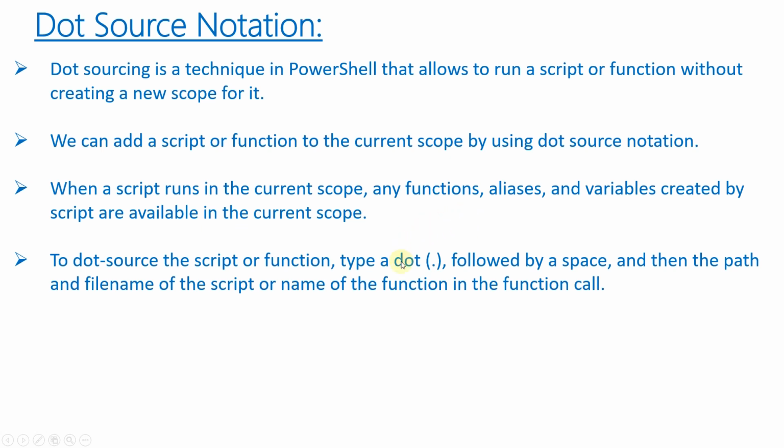First of all we have to write the dot symbol followed by a space, and then we write the path and file name of the script, or if we want to call a function, then we write the function call. And now we will see some examples and how scope and scope modifiers work.